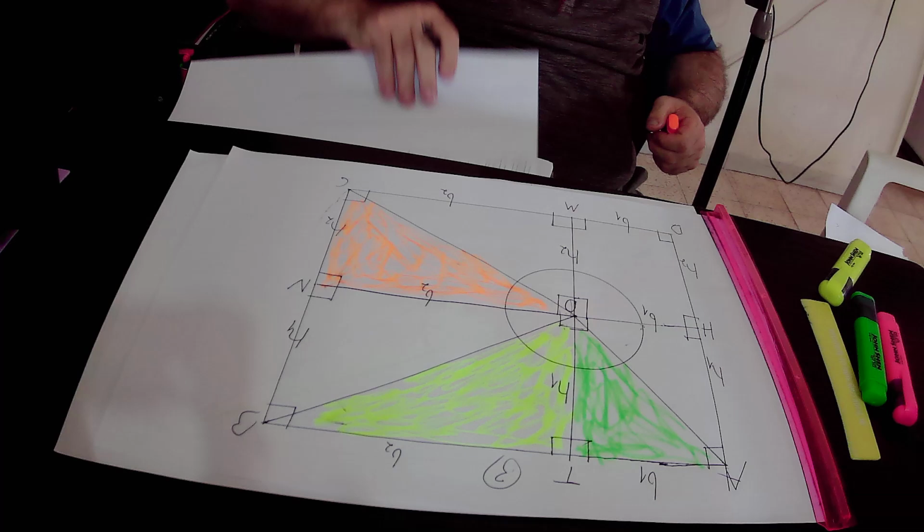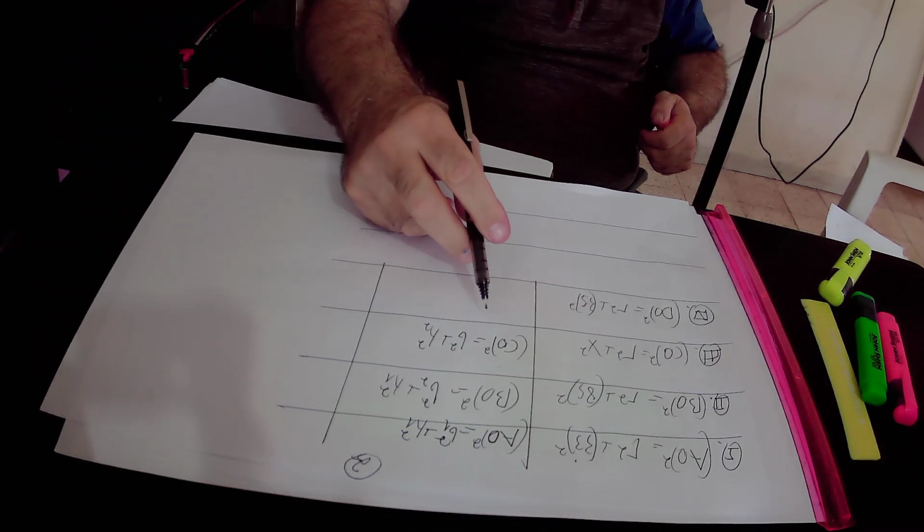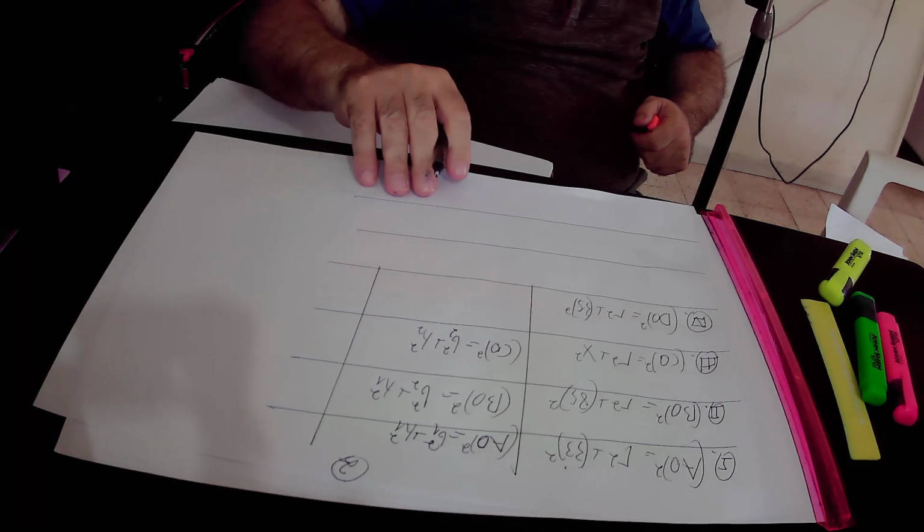And repeat again, in the right orange triangle, according to the Pythagoras theorem, CO square equals B2 square plus H2 square.